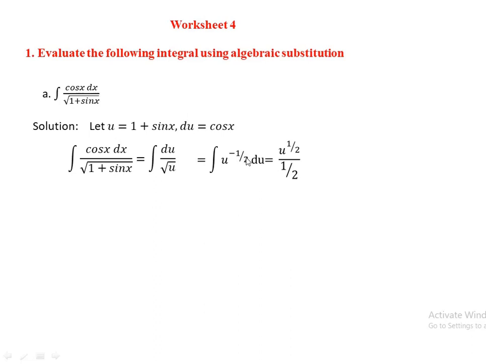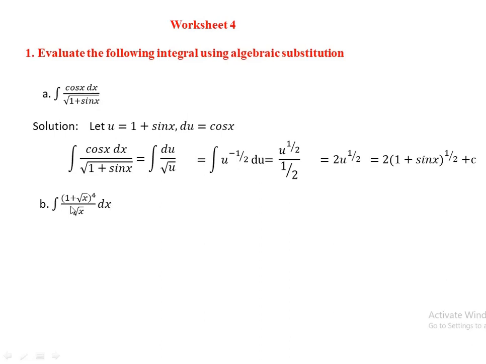But minus 1 over 2 plus 1 is 1 over 2, so this is equal to u to the power of 1 over 2 over 1 over 2, which simplifies to 2 times u to the power of 1 over 2. But our u is 1 plus sine x, so by substituting u, we have 2 times 1 plus sine x, the whole to the power of 1 over 2, plus c.